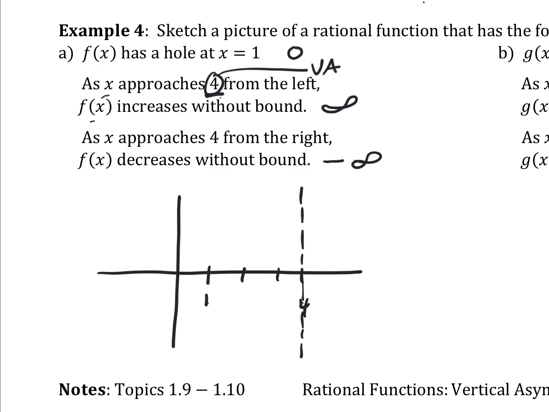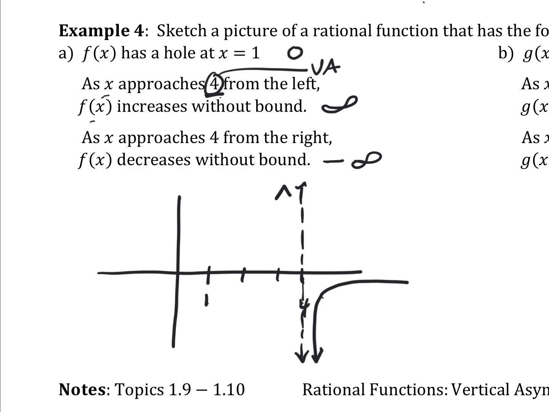It means to say that it's going up. And as x approaches 4 from the right, f of x decreases without bound. So it's going to be going down this way. So roughly the sketch is going to be like this.